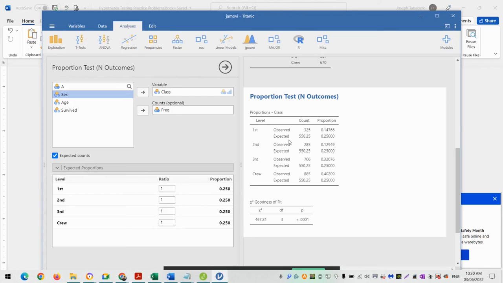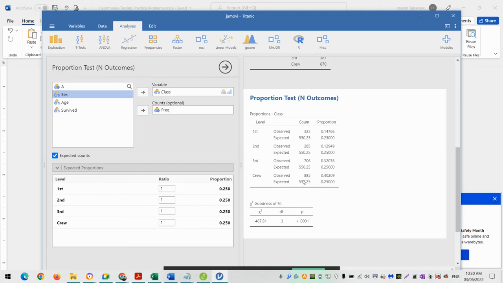Meaning, dito sa problem na to, ang gusto nating i-test is yung equality ng bilang ng mga economic classes dun sa Titanic ship, and hindi yung equality nung proportion ng nandoon sa Titanic ship base doon sa proportion ng kanilang distribution doon sa population. So we are not talking about representativeness here, we are talking about equality.